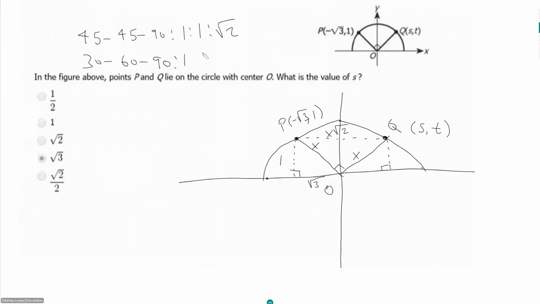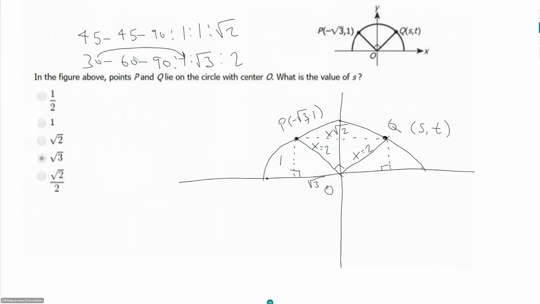And so a 30, 60, 90 right triangle will have sides in the ratio of 1 to rad 3 to 2. And so that means we can get our x. Our x is equal to 2, which means our radius is equal to 2. Now remember, our angles are going to correspond to the side opposite it.